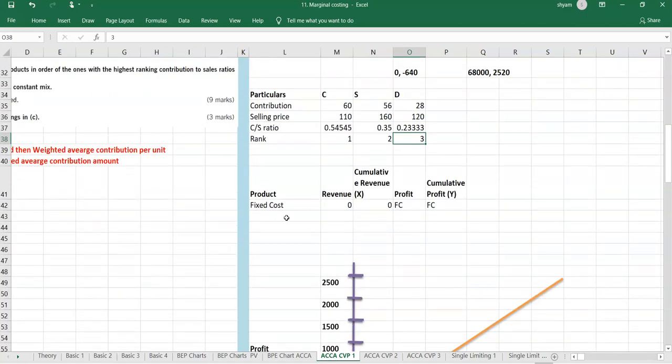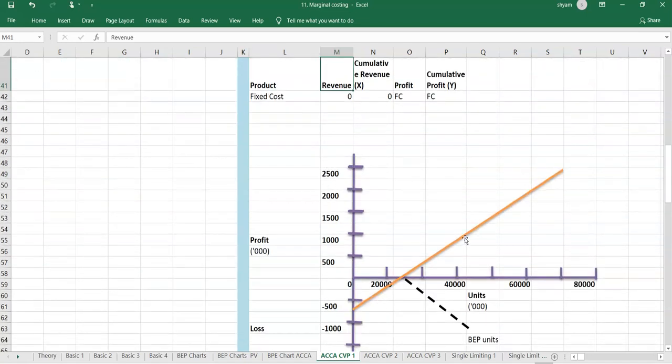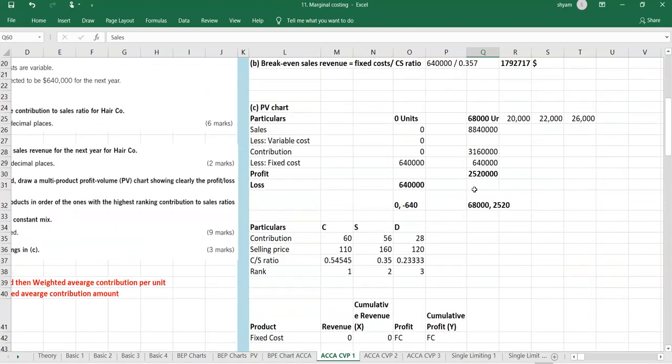In order to do this, we can't do it in units, we have to do it in revenue. So this line also should have been in sales only.